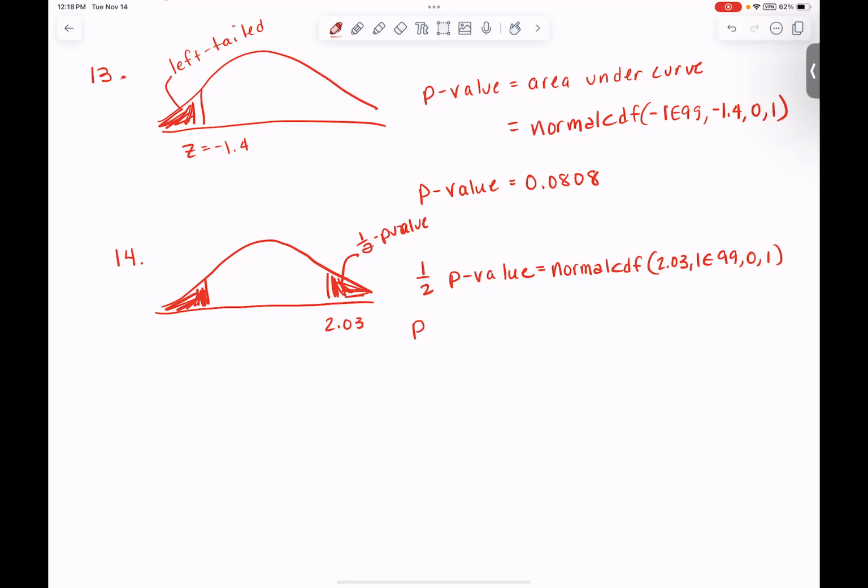So the p-value then is twice this. 2 times the normal CDF, 2.03, 1 times 10 to the 99. Okay, let's go calculate that.